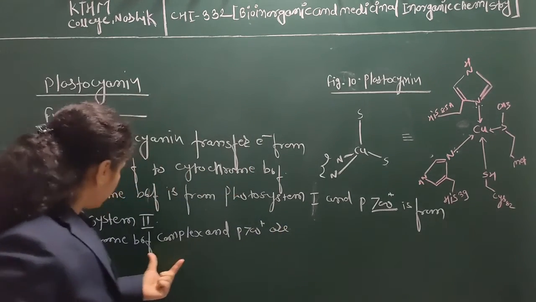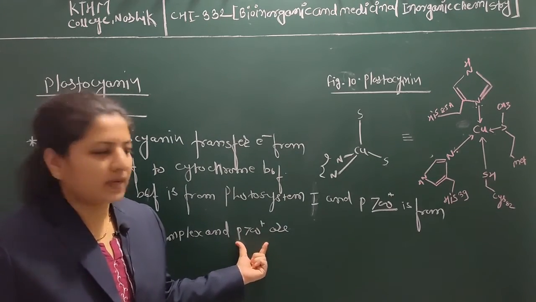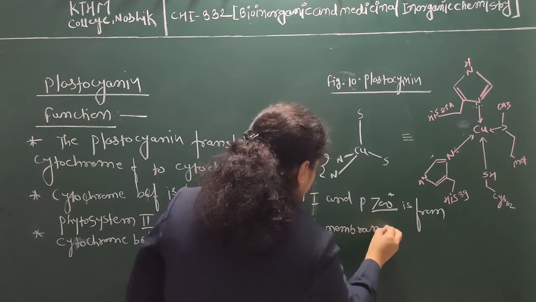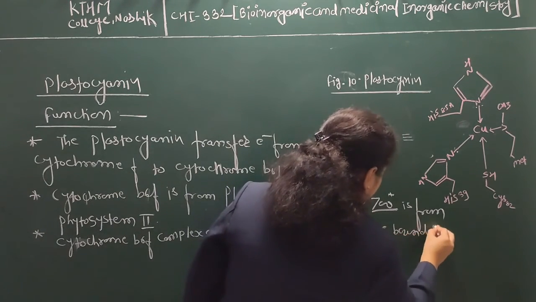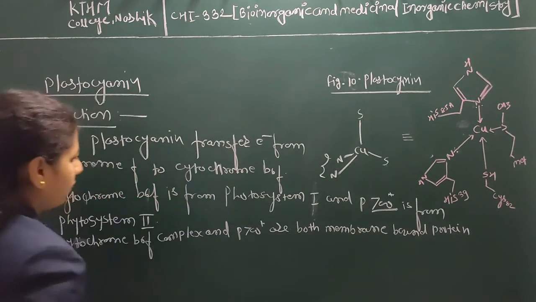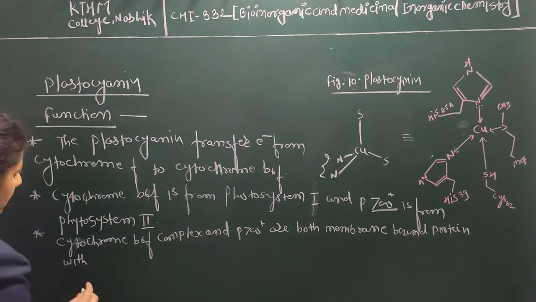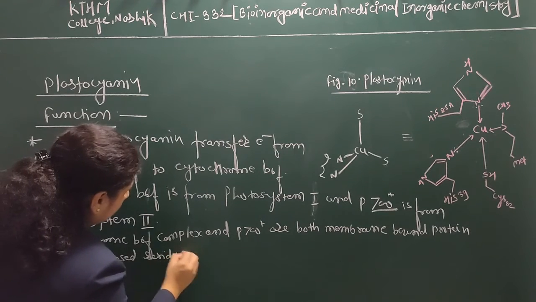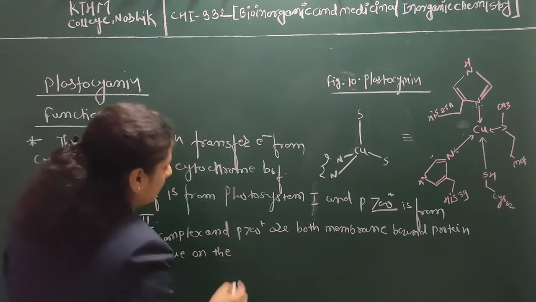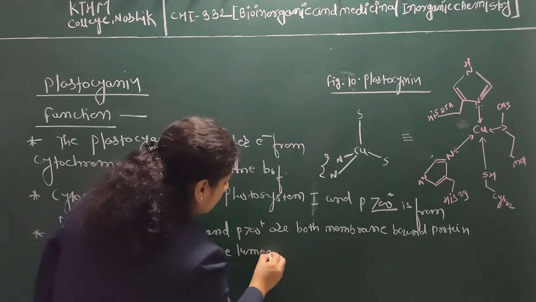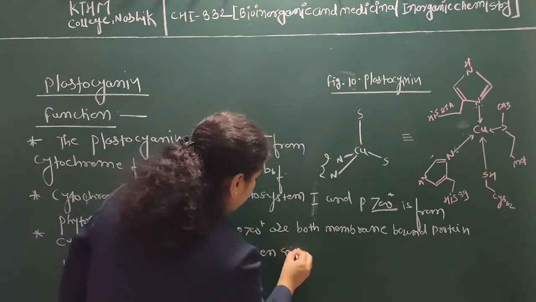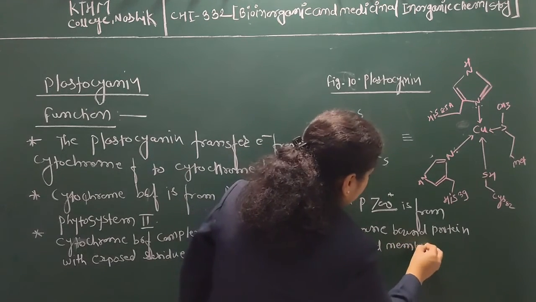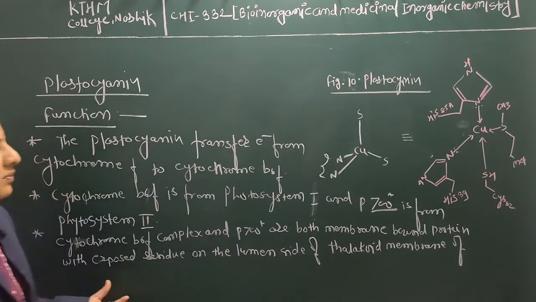These two proteins, meaning cytochrome B6F and plastocyanin P700 plus, are both membrane bound proteins with exposed residue on the lumen side of the thylakoid membrane. Thylakoid membrane of chloroplast.